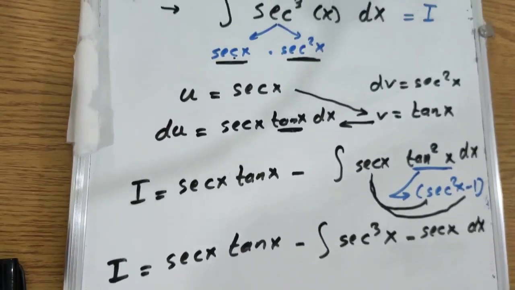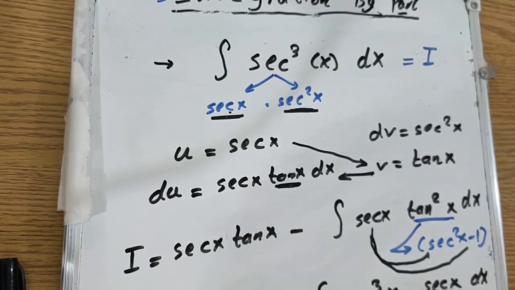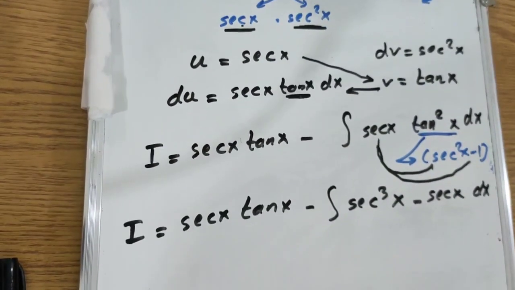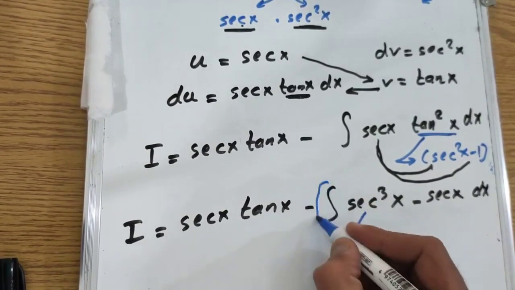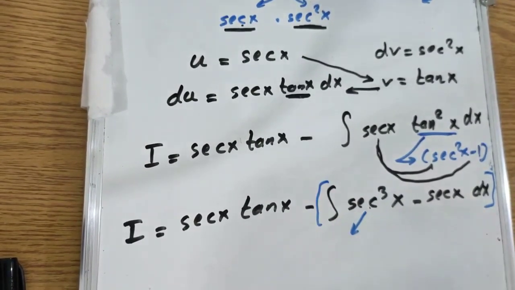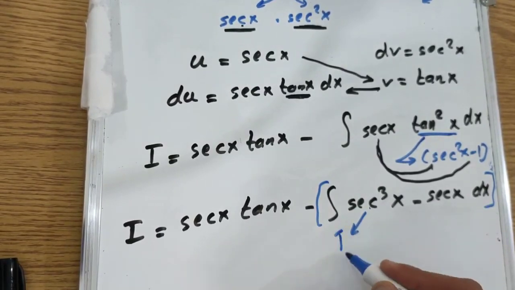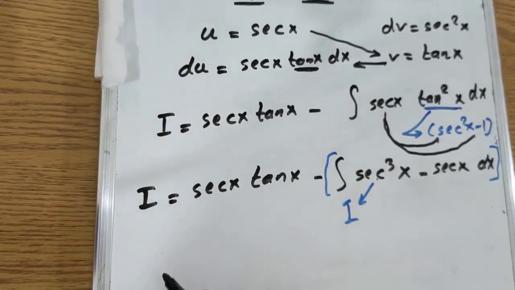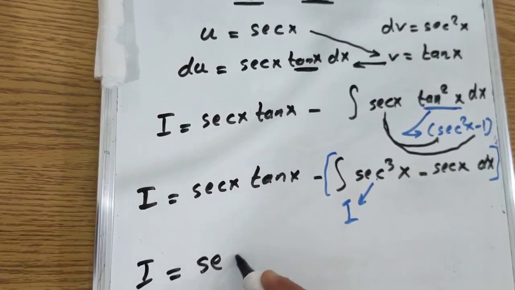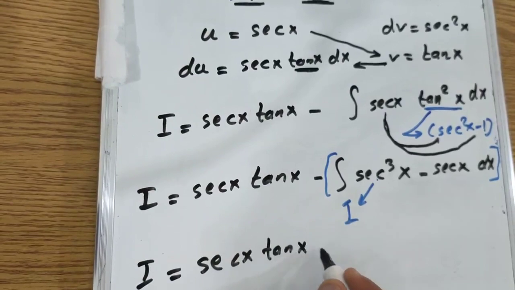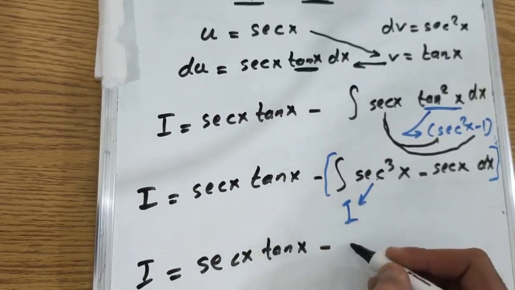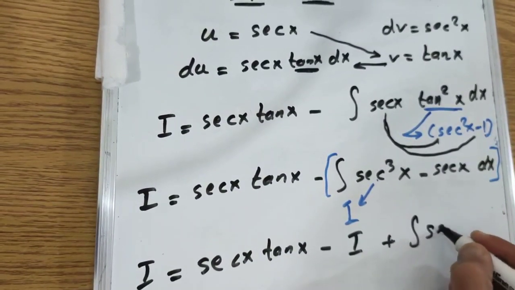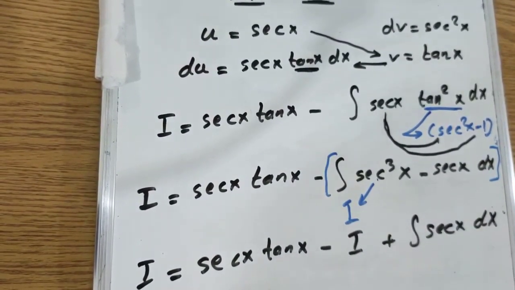Now, the original form of our integration, which is integration of sec cube, whose value is assumed to be I, appears again in the integration, so we can name the integration of sec cube as I. So we have now that I is equal to sec x tan x minus the integration of sec cube, which is I, and the minus times minus gives plus the integration of sec x dx.